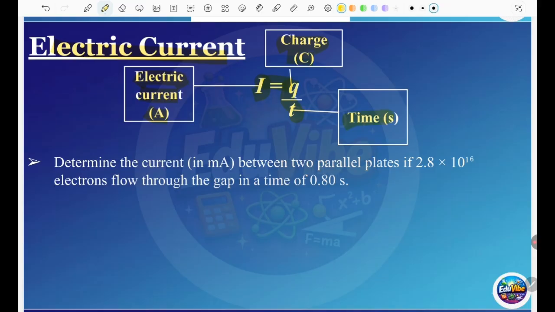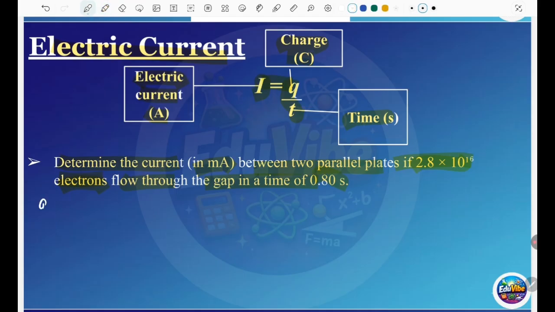So let's quickly do one example for this. Find the current in milliamperes between two parallel plates if 2.8 times 10 raised to the power 16 electrons flow through the gap in a time of 0.80 seconds. So we have the time involved, but we don't have Q. Instead of Q, we have the number of electrons, which is 2.8 times 10 raised to power 16 electrons.